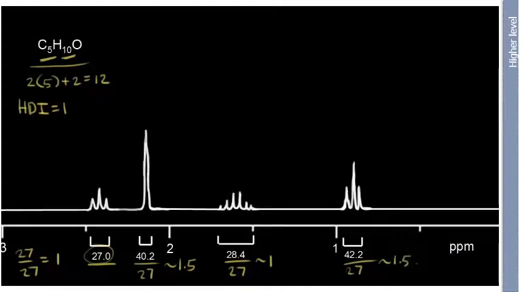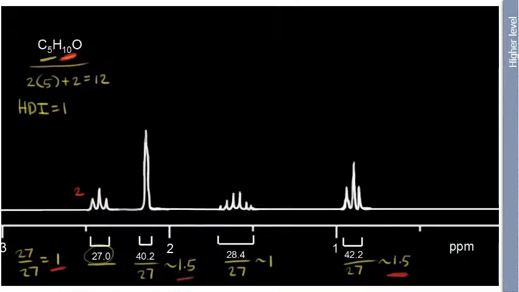Remember, these are just the relative numbers of protons giving you these signals, but you can't have 1.5 protons giving you a signal. We need a whole number, and we need to account for 10 total protons here. So if we multiply 1 by 2, we get 2 protons. So this signal represents 2 protons.